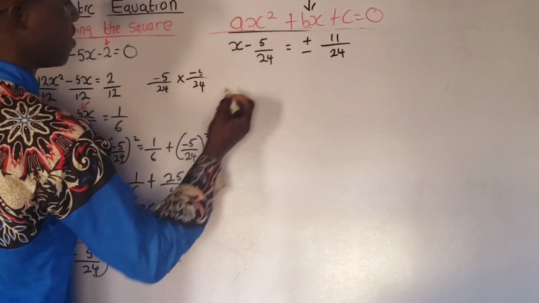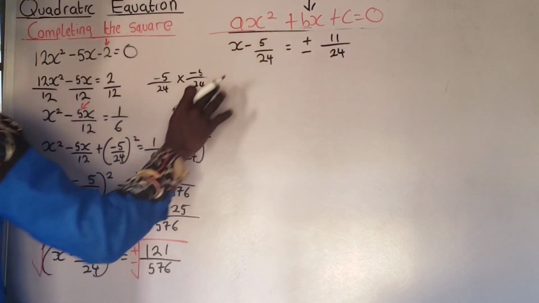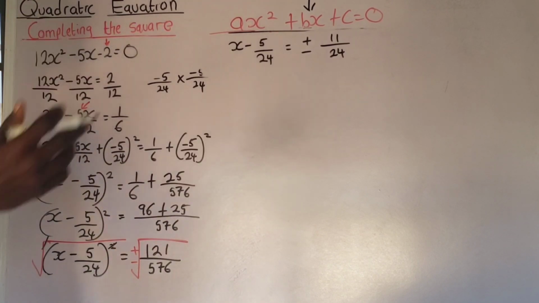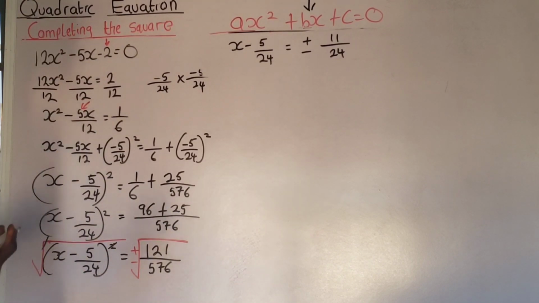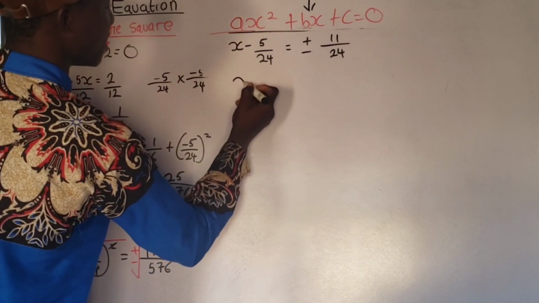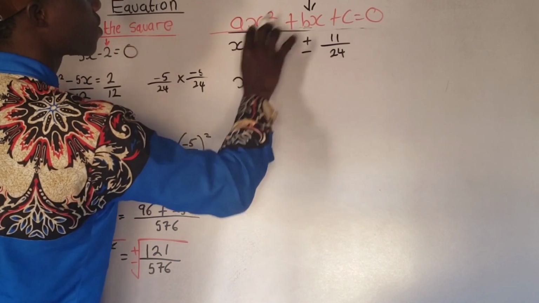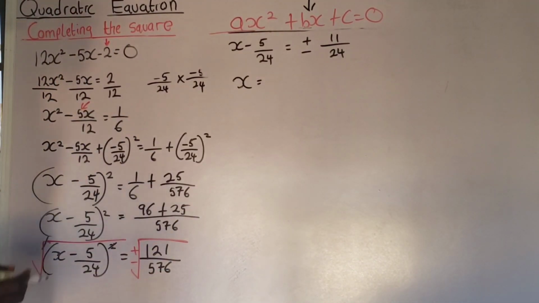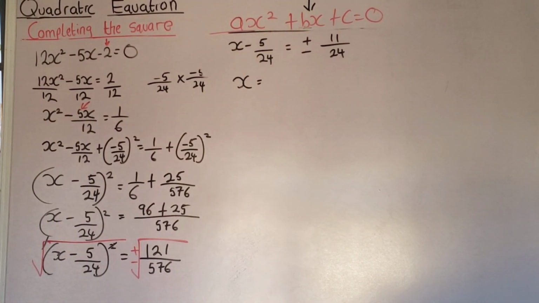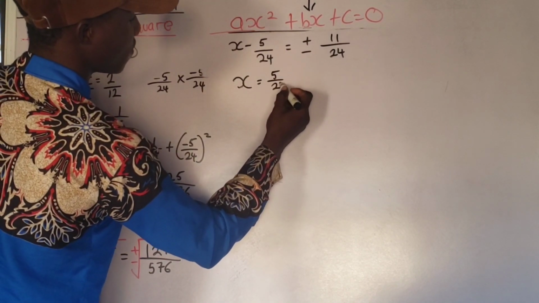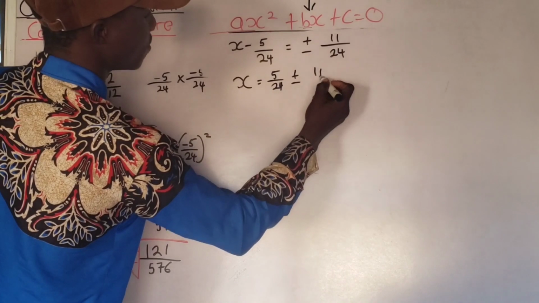You understand? Now I'm going to take this negative 5 all over 24 to the right hand side of the equation. So the equation now becomes x equals to, if this negative 5 all over 24 crosses the equal sign to the right hand side of the equation, it becomes 5 over 24 plus or minus 11 over 24.